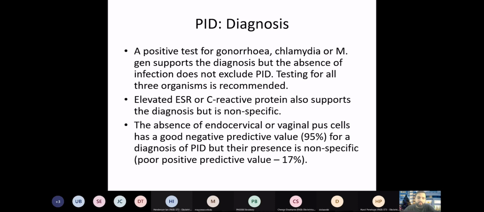The absence of endocervical or vaginal pus cells on the smears from the vaginal swabs has a good negative predictive value. Their absence can rule out PID, but their presence is non-specific and has a poor positive predictive value.